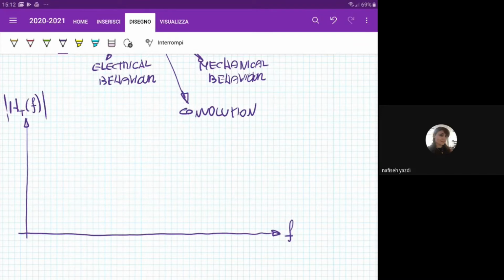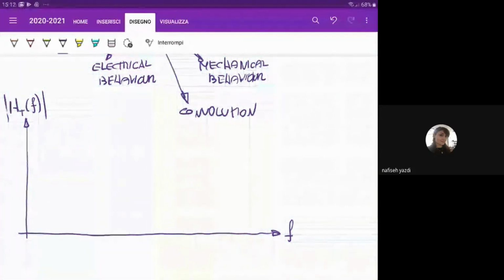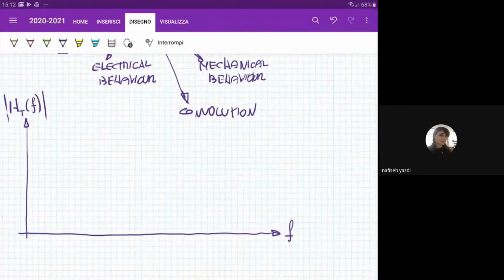I think it must go to infinity because we have 1 over frequency. Mhm. We have small frequency, so it means we have the corresponding period going to a small quantity or to a longer quantity. If f is going to 0, then the period is going to infinity.